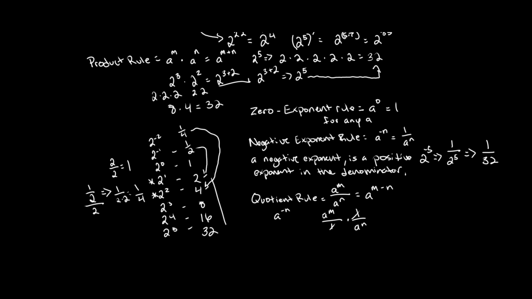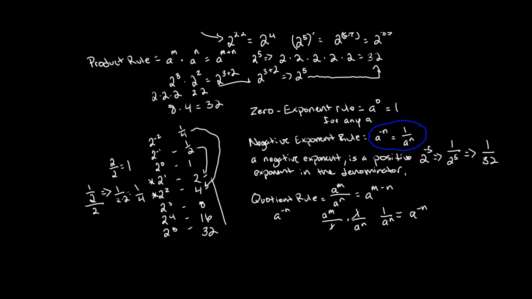So this is equivalent, right? If we have 1 over a to the n, based on our negative exponent rule, right up here, I'm going to put a blue circle around it, we can know that 1 over a to the n is equivalent to a to the negative n.